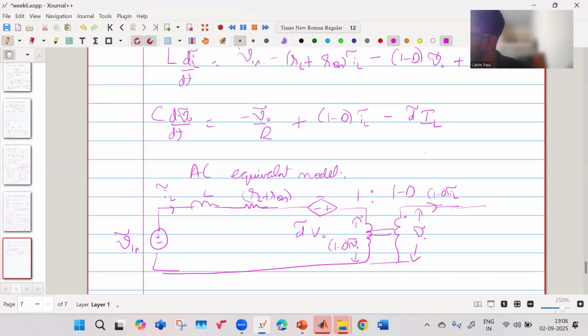This is your R. This is your C. So this is your I_C. This is your V_0 perturbed by R, right? And then you will have this current source also here, that is D perturbed into I_L.